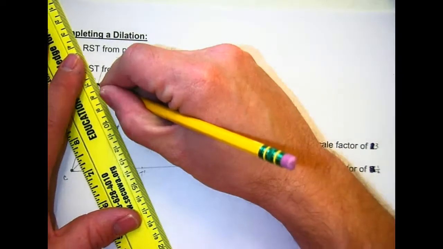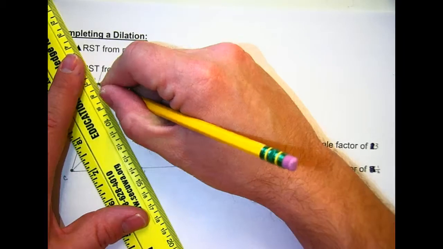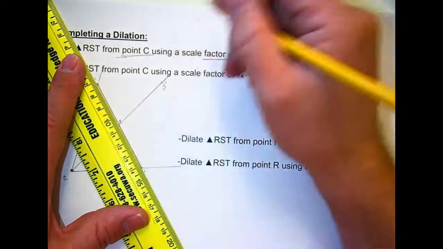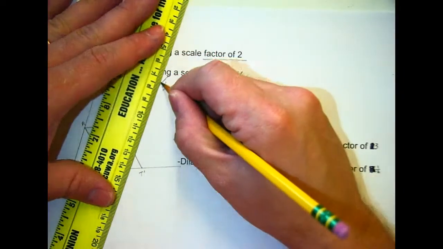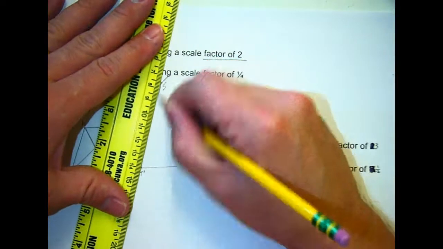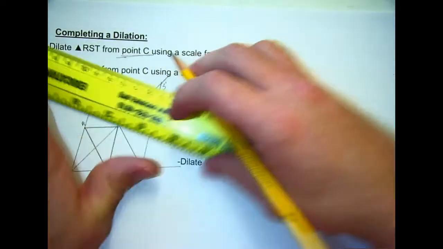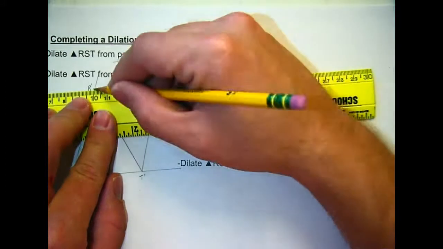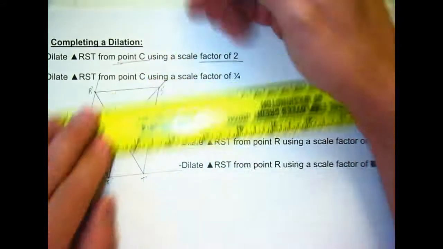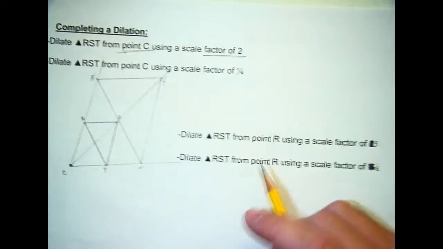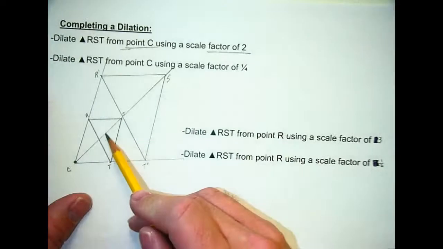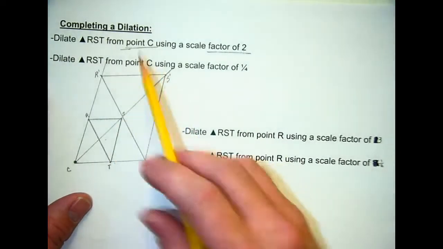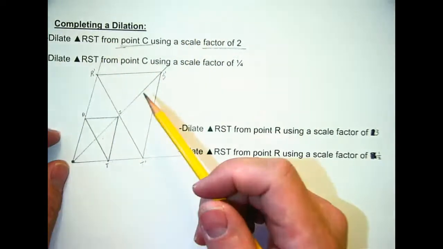So R to T. R to S, or T to S, excuse me. And R to S. All right, and so now you've dilated your original triangle by a scale factor of 2.